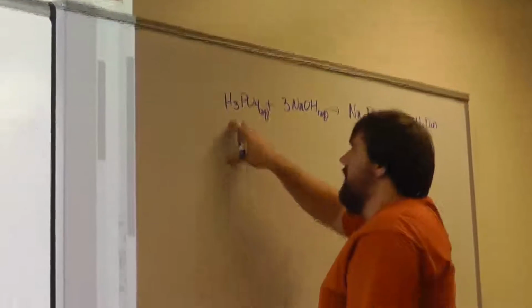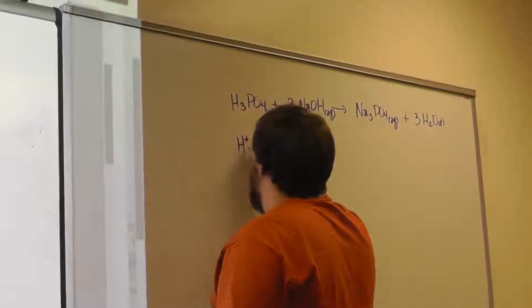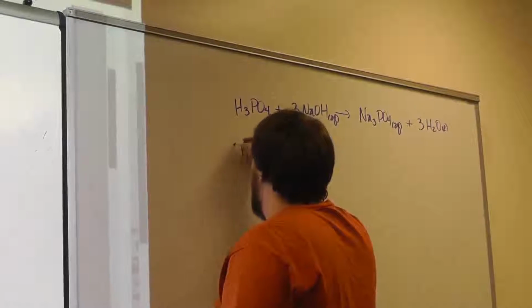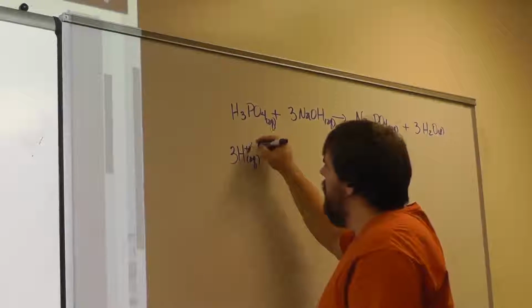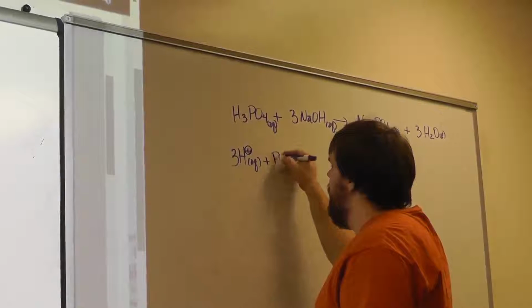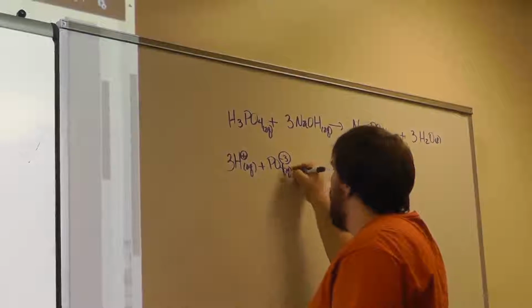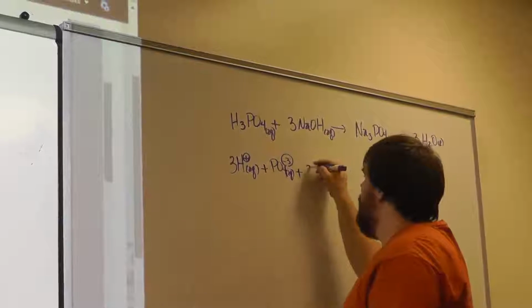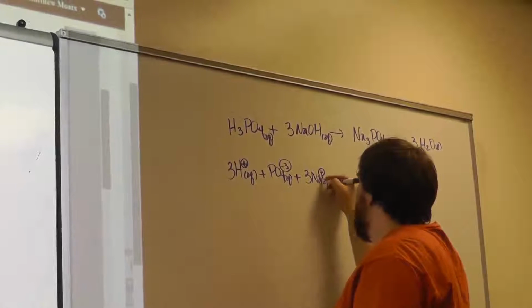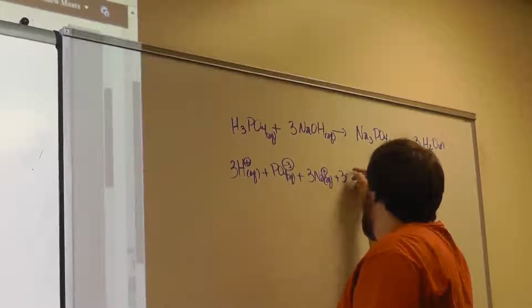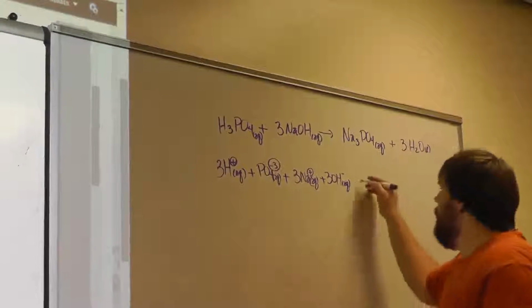So what I'm going to break apart is the hydrogens. They break into +1 charges, and I've got 3 of them, 3 hydrogens +1. Then I've got 1 phosphate -3, also aqueous, 3 sodiums +1 each, aqueous, and 3 hydroxides, aqueous.